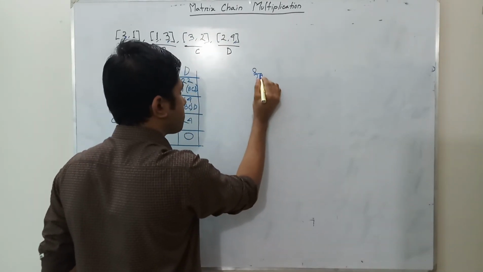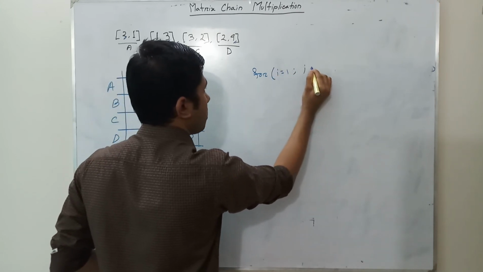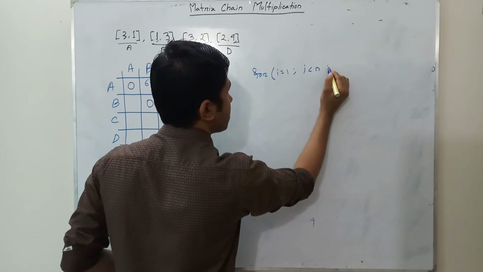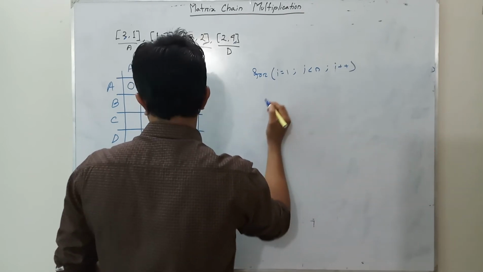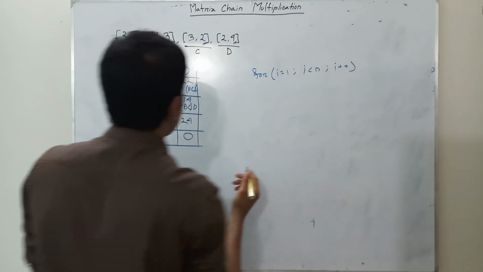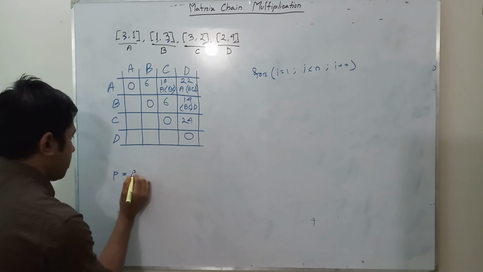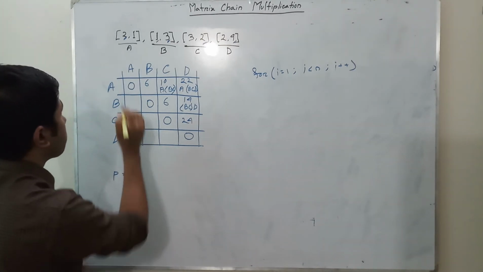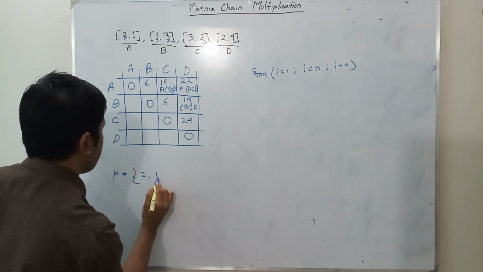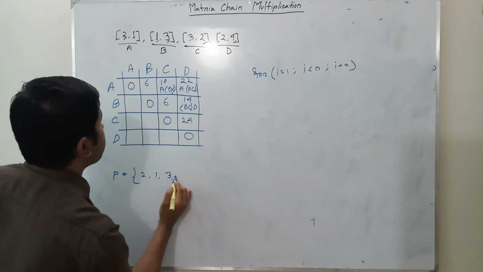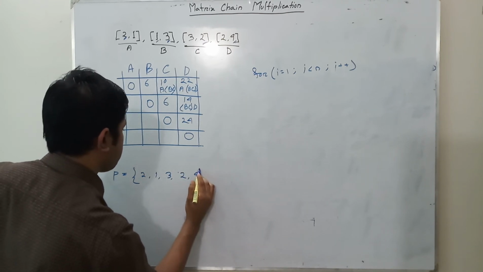Before implementing, we need an array, suppose P, to store the matrix values 2, 1, 3, 2 and also 4.